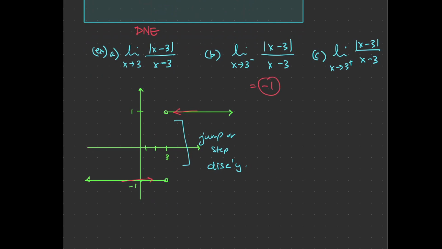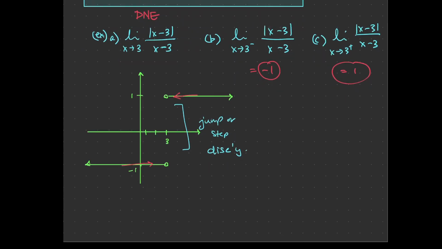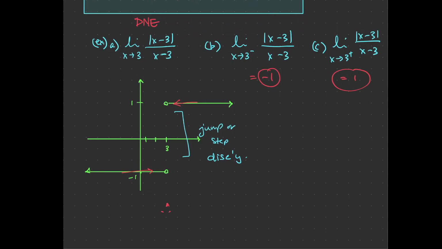And the limit as you approach from the right, think about 5 minus 3, 4 minus 3, 3.1 minus 3 in here, and you'll get positive 1 from the right-handed limit. So here this triple dot means therefore. Therefore, the limit from the right does not equal the limit from the left, so this implies that the limit does not exist.